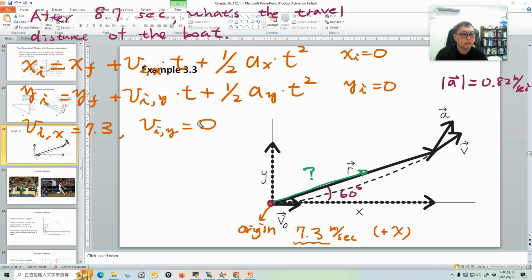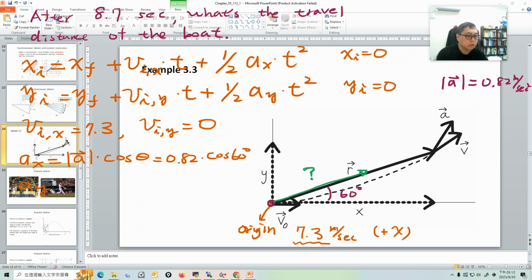The next one is the acceleration x component. It's the magnitude of acceleration times cosine theta, and the given magnitude is 0.28, so it's 0.28 times cosine 60 degrees.